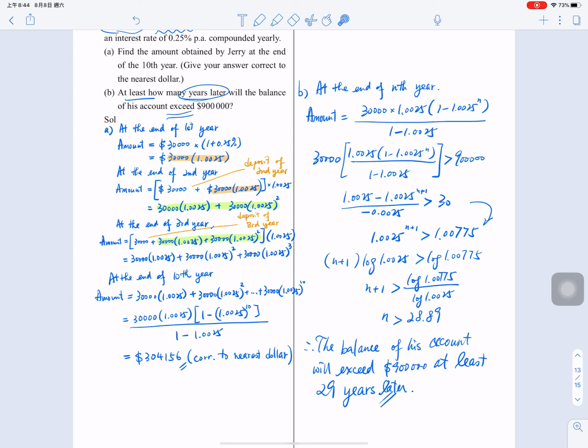And you found that this one. This time, log greater than 1, so it's positive. No need to change the sign. Remember, this time no need to change the sign because this one is positive. At the end, n greater than this value, and find the correct years, at least 29 years.